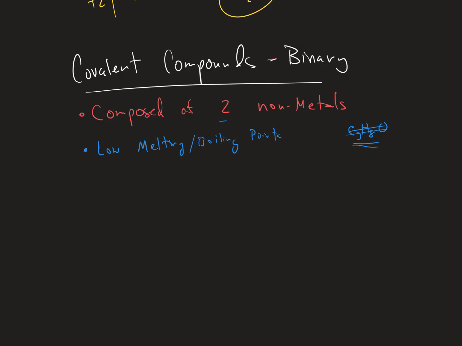Well, yeah. What makes them weaker? Is it because they're covalently bound by sharing electrons? Actually, we'll get into that. But yeah, they are weaker bonds. That's the best answer. Low conductivity, even when dissolved.